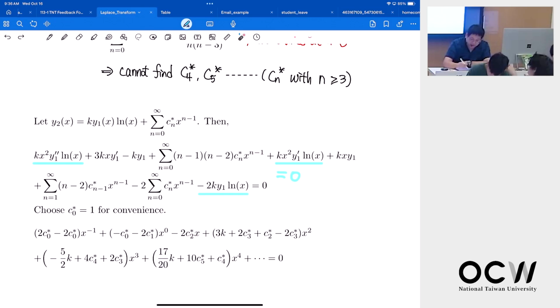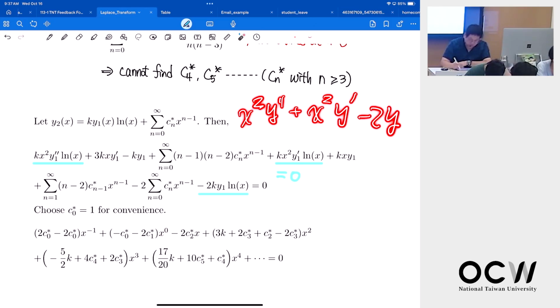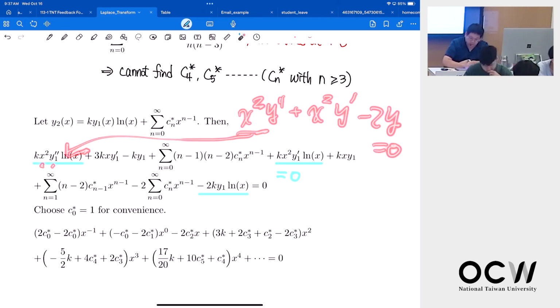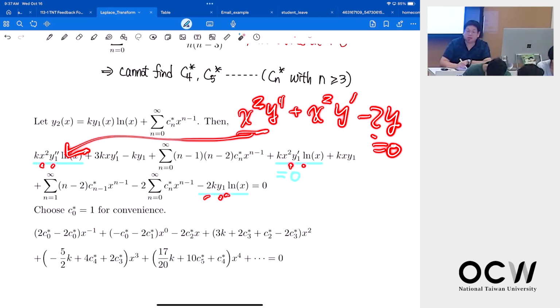Because what is our original differential equation? x squared y double prime plus x squared y prime minus 2y equals 0. So I have x squared y1 double prime plus x squared y1 prime minus 2y1, and that's 0.